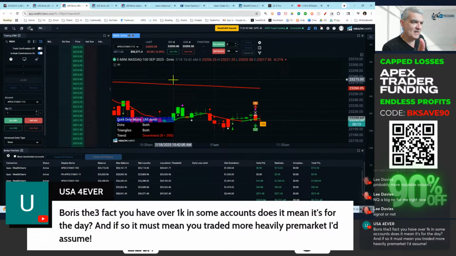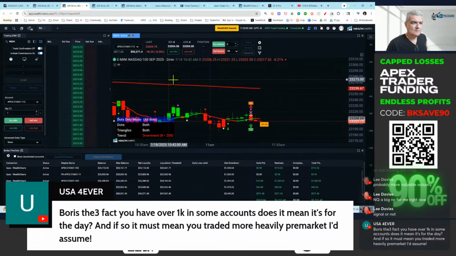Even this setup right now is not a true legitimate setup, because the slope is negative. Now, if it goes negative, that might actually be a setup, because you have a purple dot.